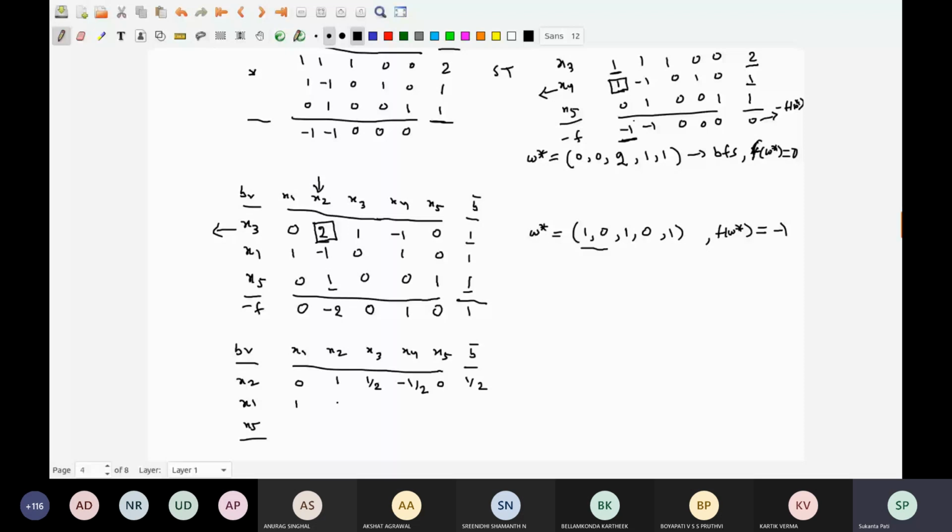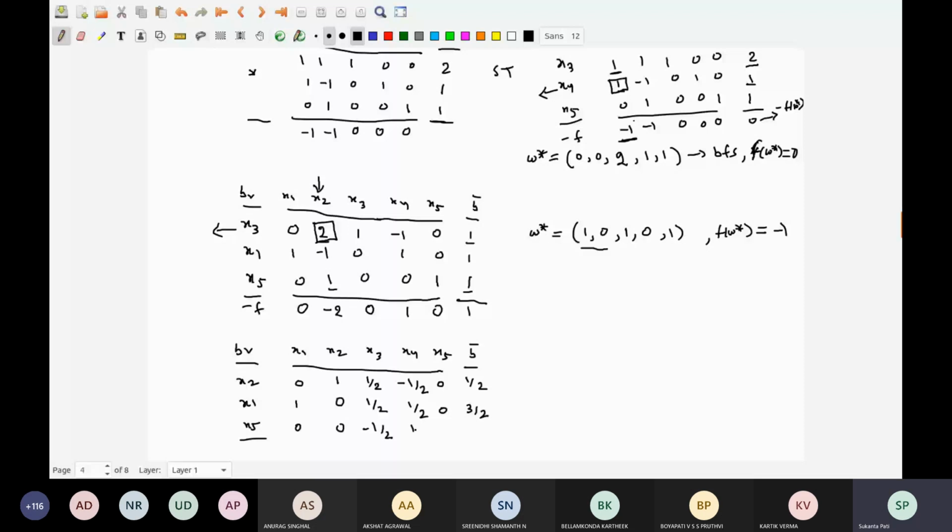And then the next one, now the first row divided by 2 subtracted from it. First row divided by 2 subtracted from it, that will be 0, minus half, plus half, 0, half.